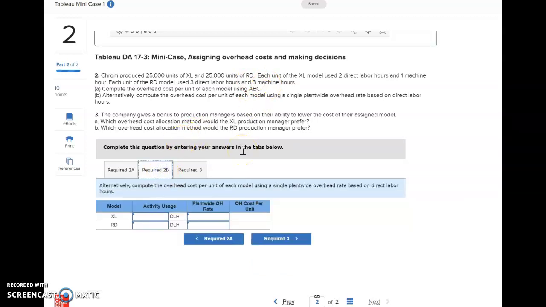Requirement 2B, then, we're going to be calculating the plant-wide rate. And so we want to get the overhead cost per unit. Okay. And so the activity usage, you're told the direct labor hours per unit. Okay. And then you're going to have to calculate the overhead rate using a single plant-wide rate and direct labor hours.